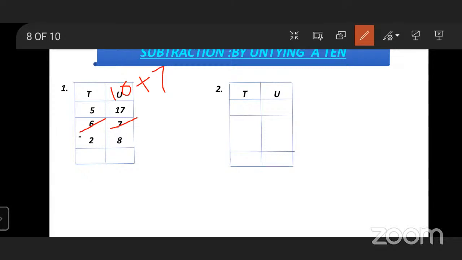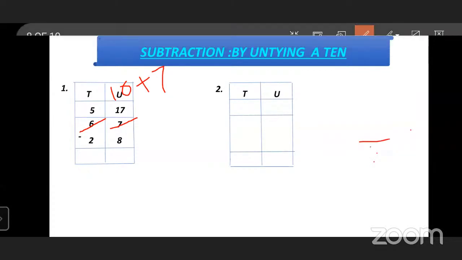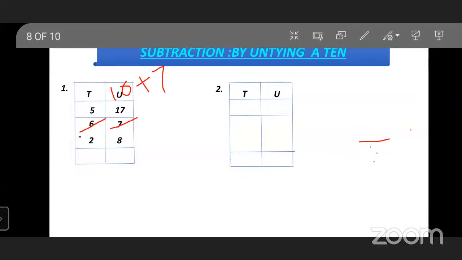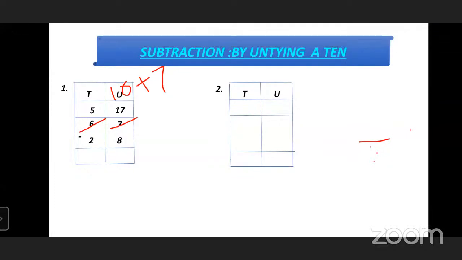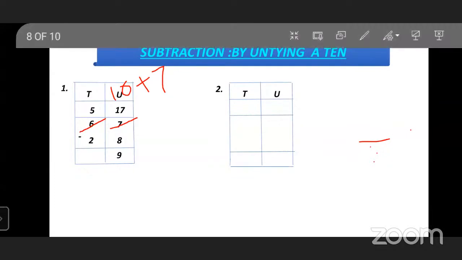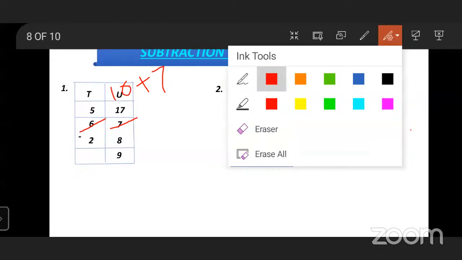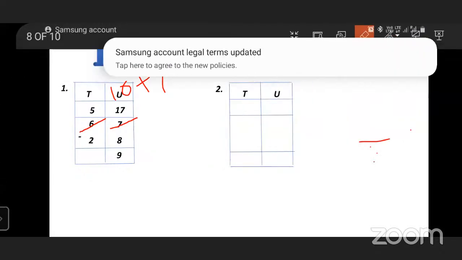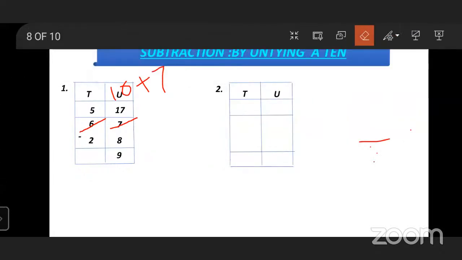How much will we get? Yes, we will get 9. That is 17 minus 8 is equal to 9.